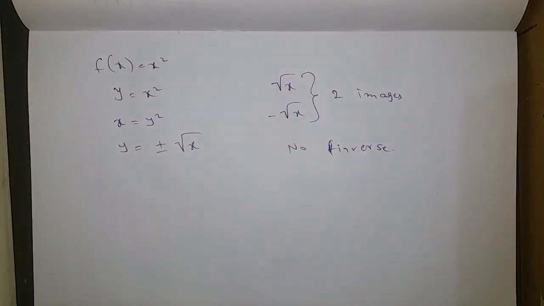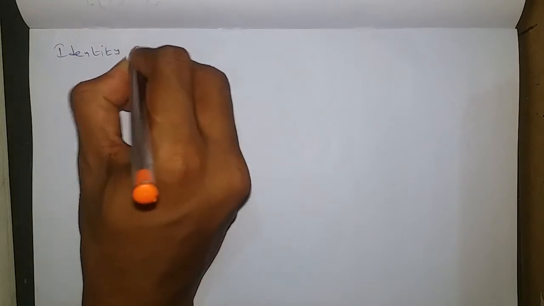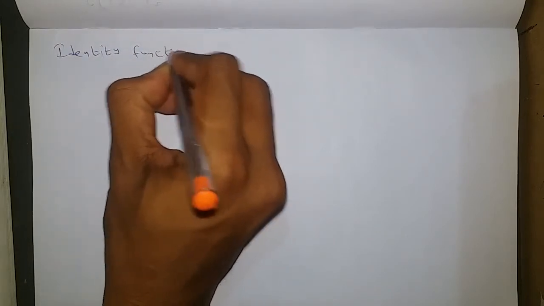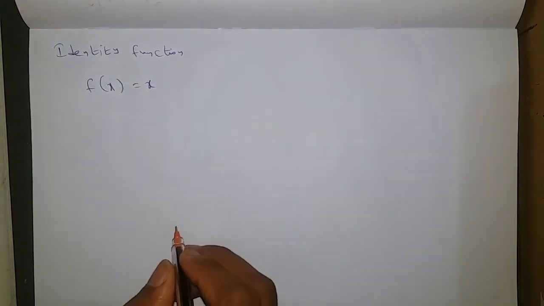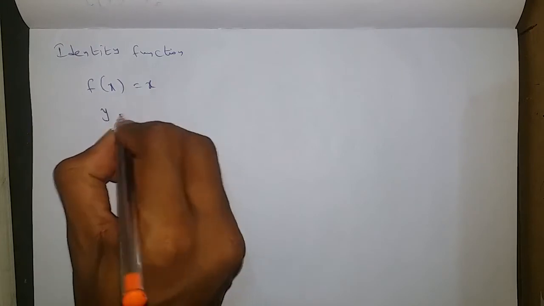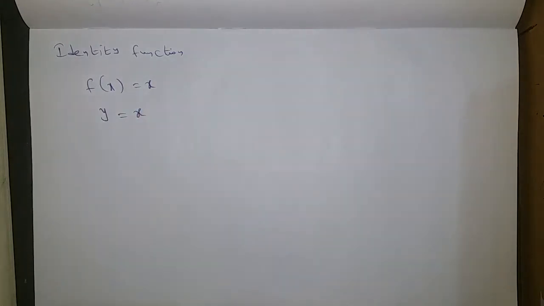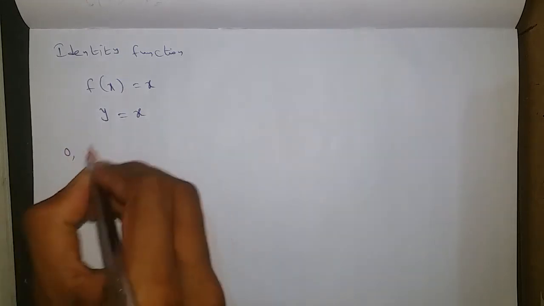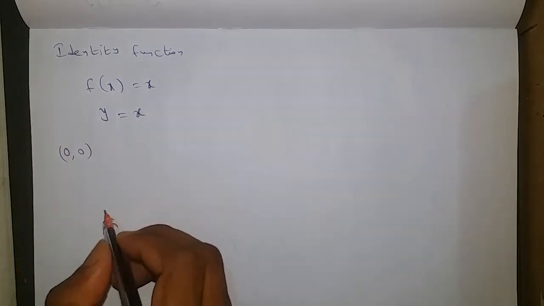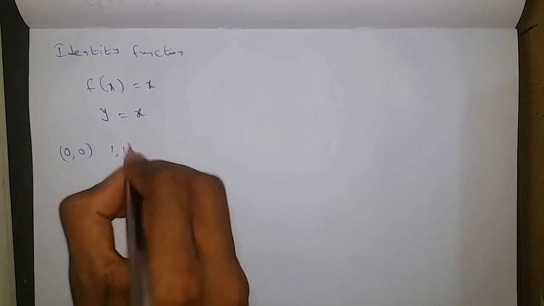Okay, now let us discuss some more types of functions, that is identity function. Identity function is nothing but f of x is equal to x. So f of x can be written as y, so y is equal to x. In the place of x, if I substitute 0, y value also 0. If I substitute 1, y value also 1.